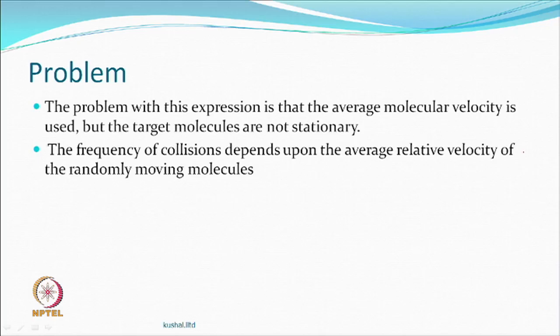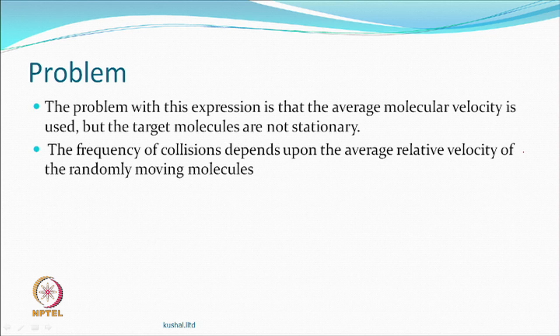The problem is that the average molecular velocity is being used in this expression, but it is not that the molecules which are going to be struck are stationary, they are also moving.